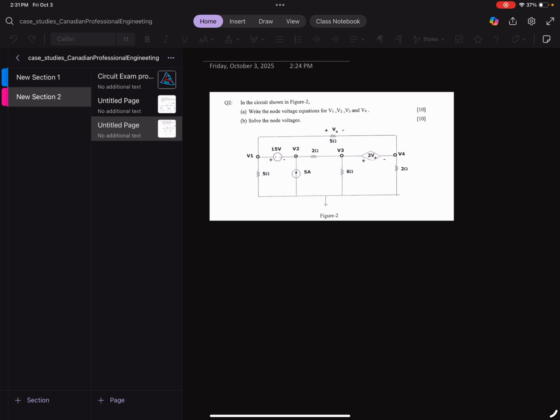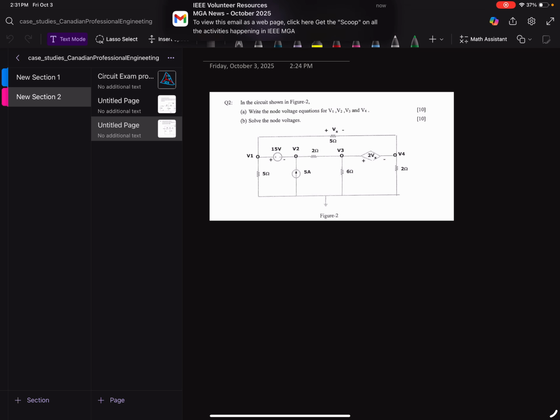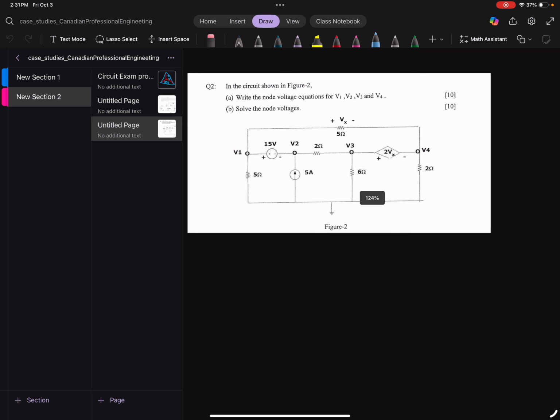Usually when they say write the voltage equations, you need to write KCL or KVL, where you would choose the nodes and then find how you can relate them. Okay, so let's just start with that. Either you can do that, or let's just start by looking at the circuit. The circuit would tell us.